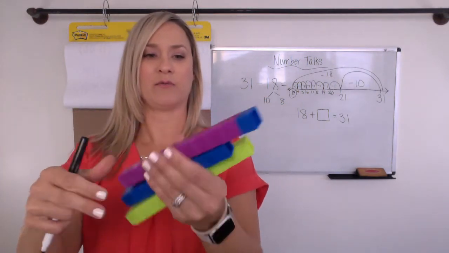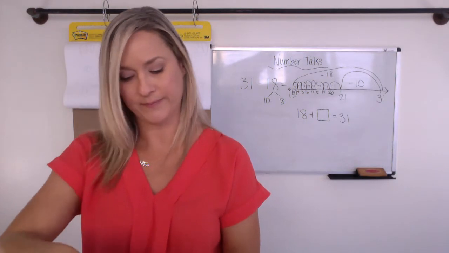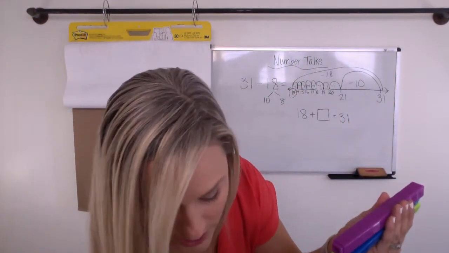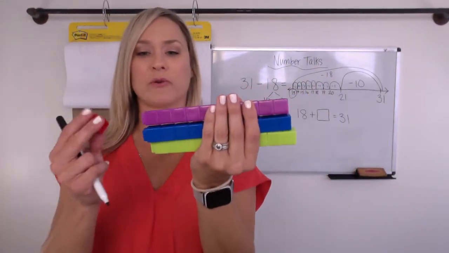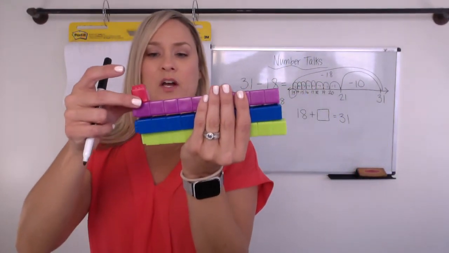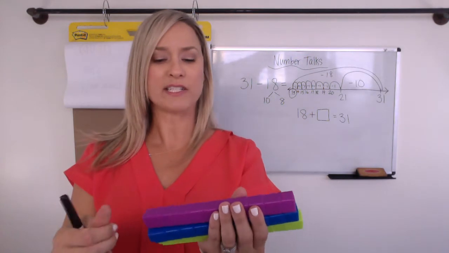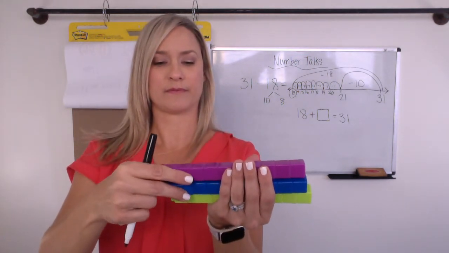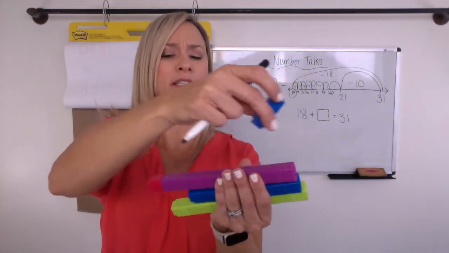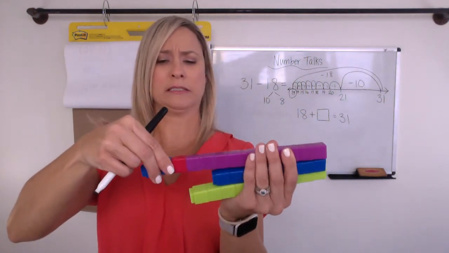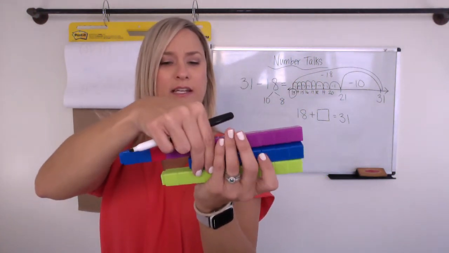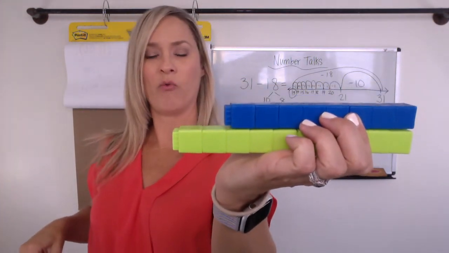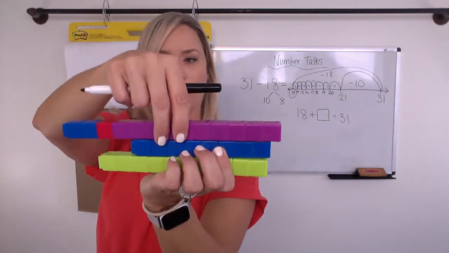Okay, wait, that's only 30. So I had to put the blue one back on. Okay, 30. Good news. I have tools everywhere. 1. Whew. Okay, so if we started with 18, can she do it? Okay, 18 to start with. What would you have to add to get to 21?